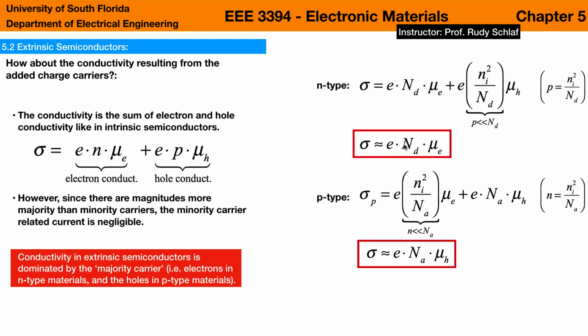So we just have e times the donor concentration times the electron mobility. And correspondingly in a p-type material, we are just left with the hole conductivity term: e times the acceptor concentration times the hole mobility.